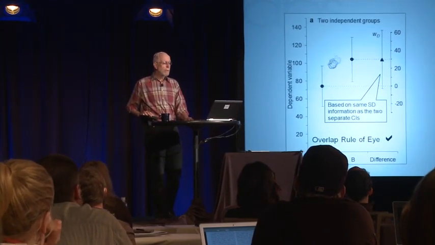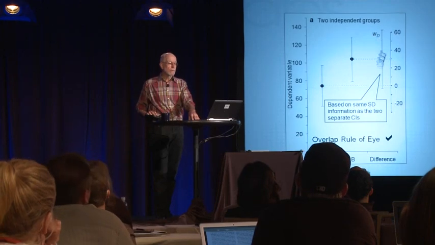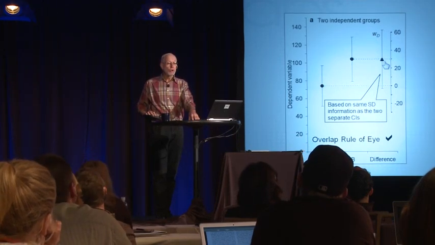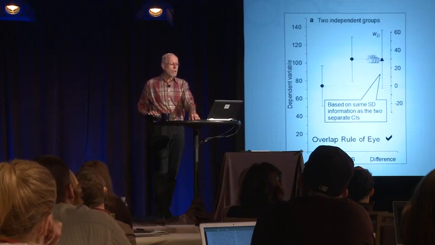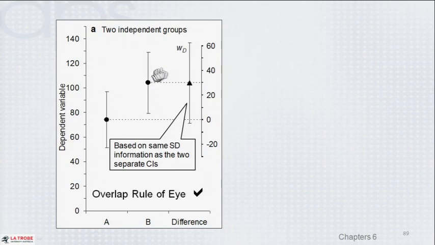With independent groups, this confidence interval is calculated using the pooled standard deviation. So it's calculated based on the standard deviation of this group and of that group, in other words, using the same information that I use to calculate these 2 separate confidence intervals.